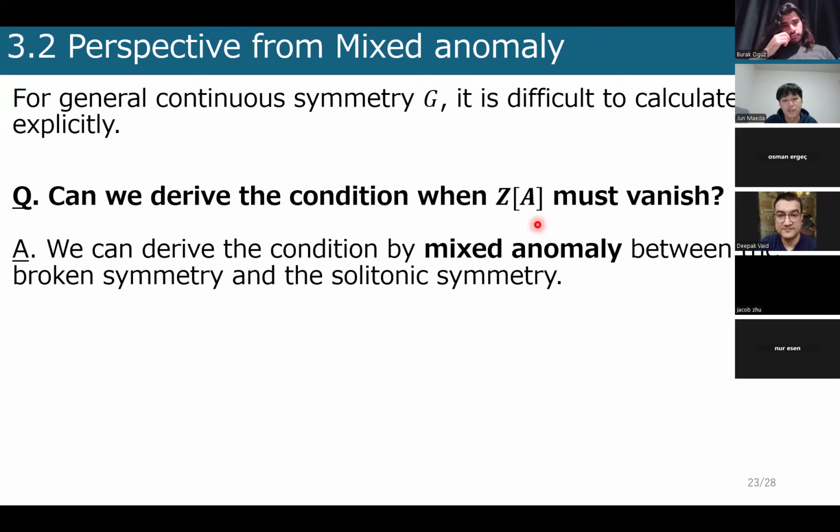We should note that here vanish means exactly vanish at finite volume. And we find the answer is that we can derive the condition by the mixed anomaly between the broken symmetry and the solitonic symmetry.